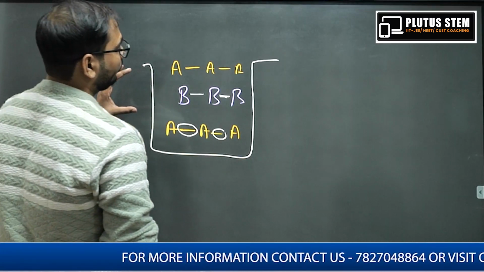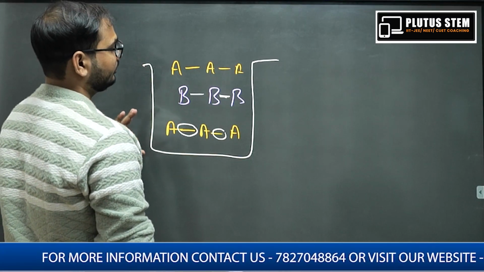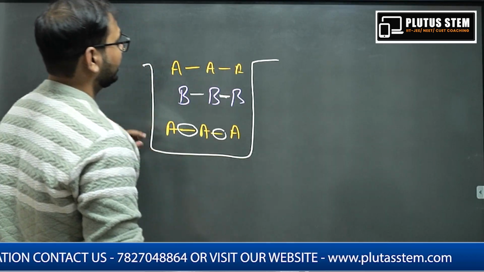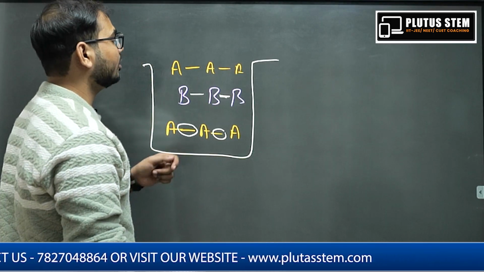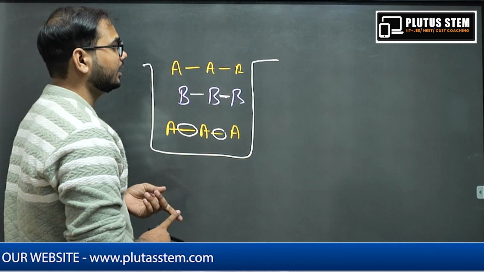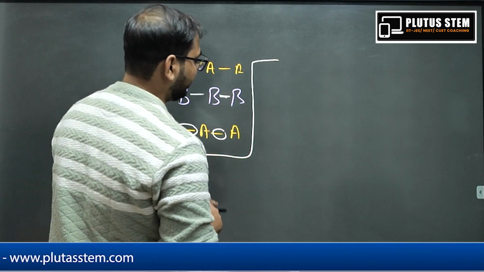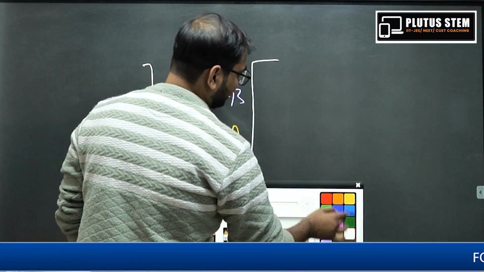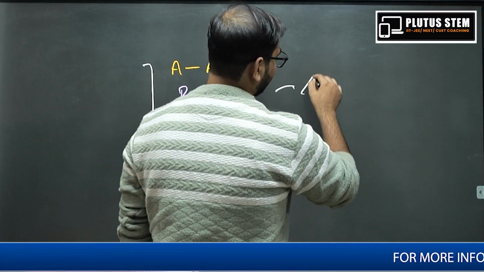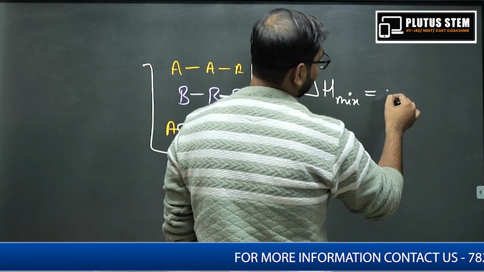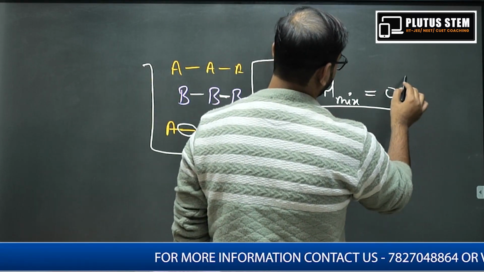But when they are completely the same, or there's very little difference between them, then bond formation and bond breaking will not result in any absorption or evolution of energy in any form, which accounts for why ideal solutions have no enthalpy change.